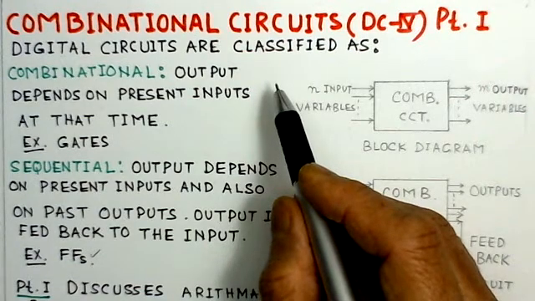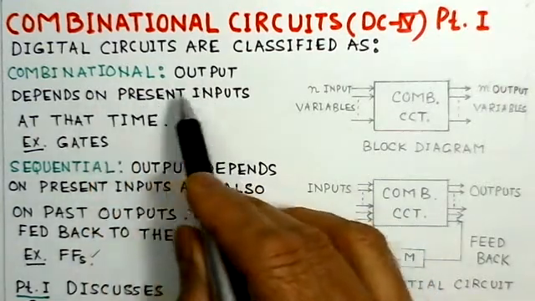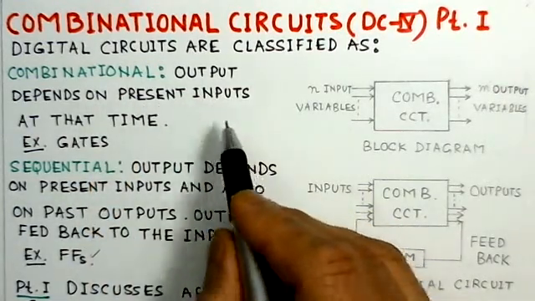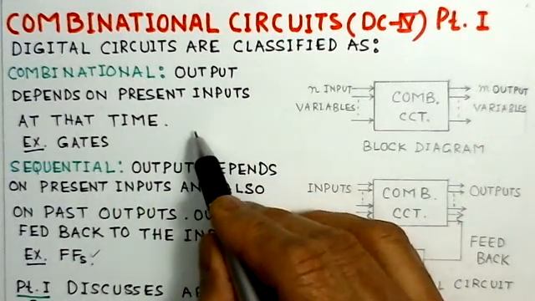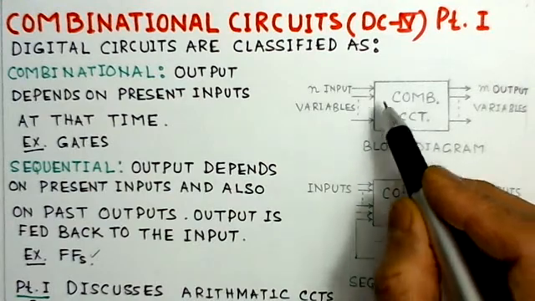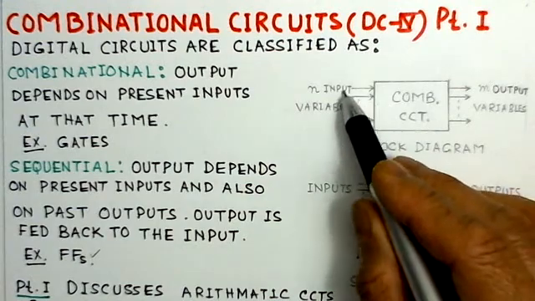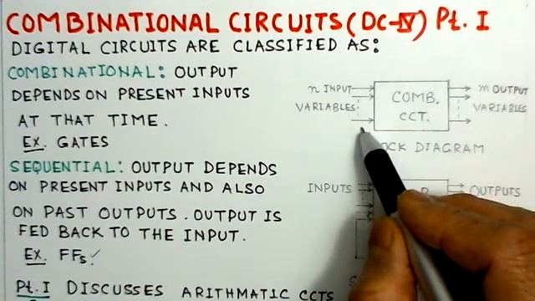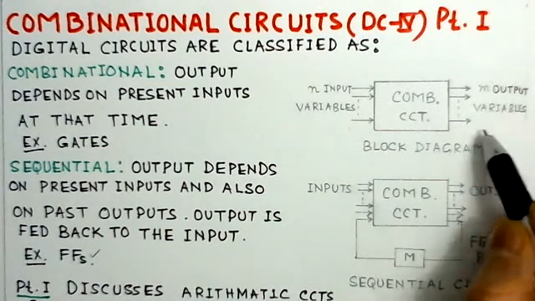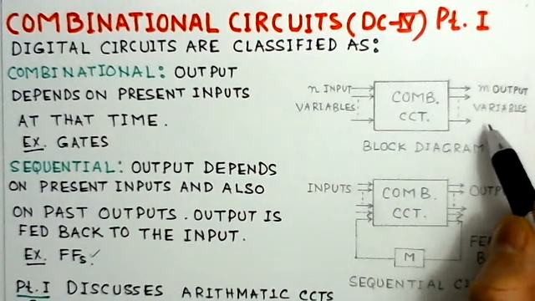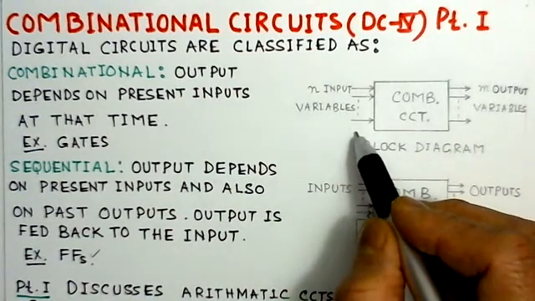Digital circuits are classified as either they are said to be a combinational circuit where the output depends on the present inputs at that instant of time. So this is a corresponding block diagram here, and we notice here these are the n inputs connected at the input side and m output variables on the output side, and the output here depends upon the present inputs at that instant of time.